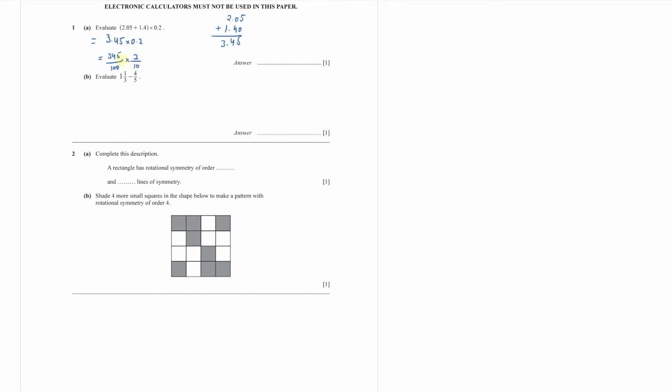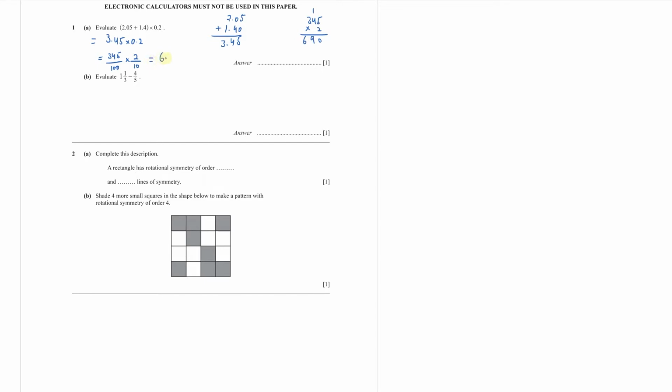So now it's a little bit easier to multiply 345 by 2. You can also do it the other way where you multiply 3.45 by 0.2, and then you can add the decimal once you get the multiplication result. So here it's 5 2s are 10, 1 carry, 4 2s are 8, 1 9, 3 2s are 6.